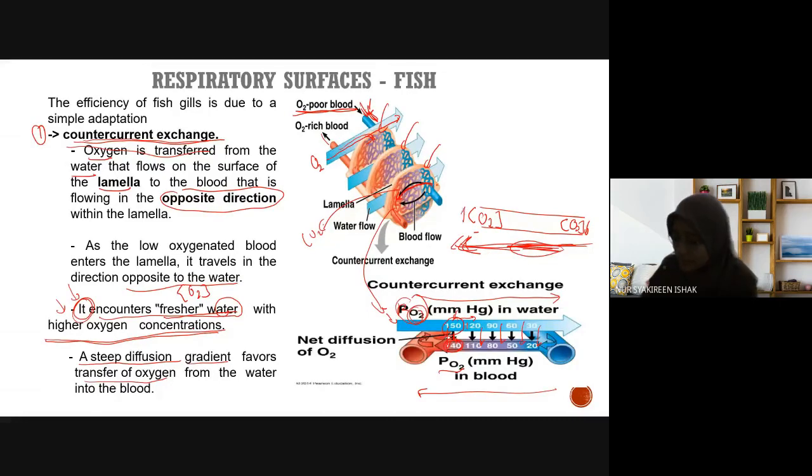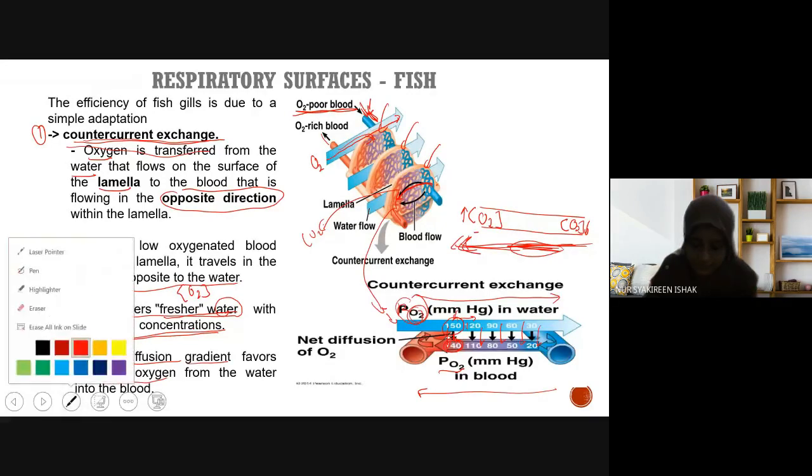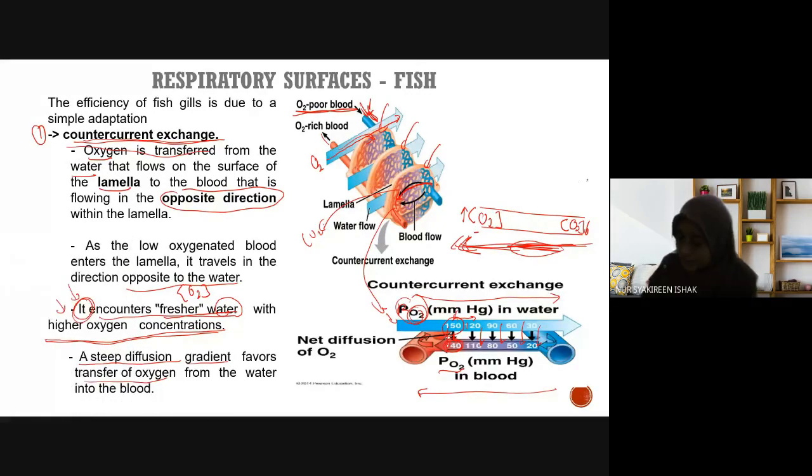They want to make sure the concentration of oxygen is high. So if water, I draw in blue, were to flow in the same direction, can efficient exchange of gas occur? It cannot occur drastically.